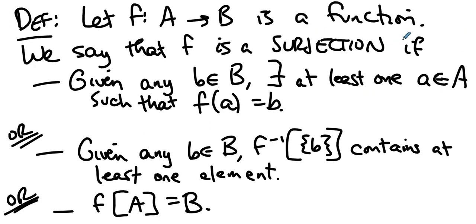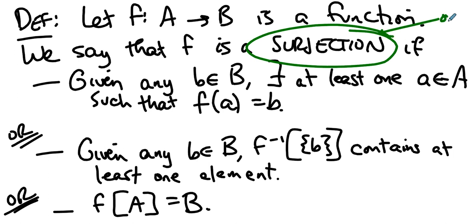Functions like these are what we call onto. They're onto because the function maps completely onto set B. Whatever you decide is the codomain of function f, every single element in that codomain gets mapped to by something.